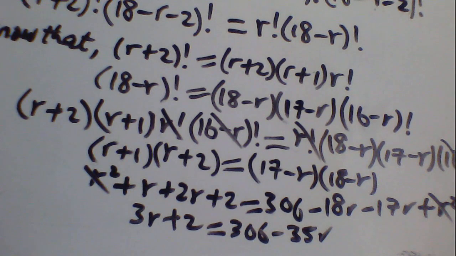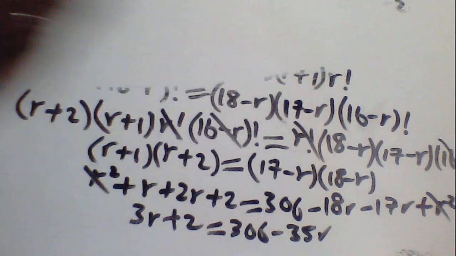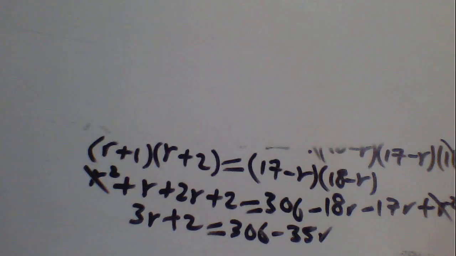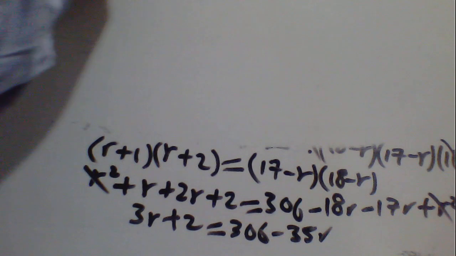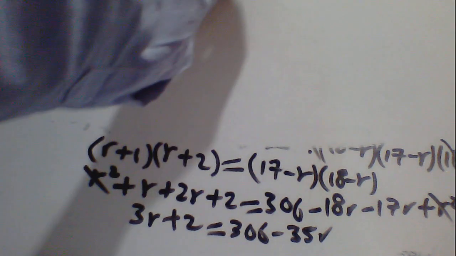So what next? Let's bring this up. If you bring it up, you have 3R plus 2 is equal to 306 minus 35R.